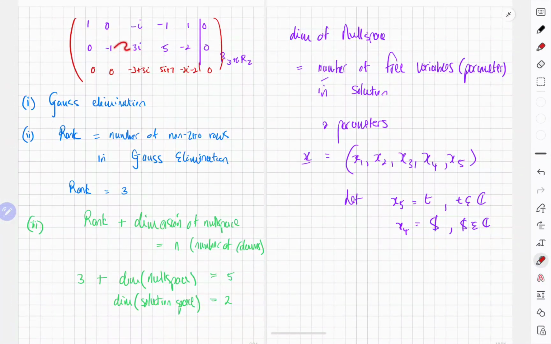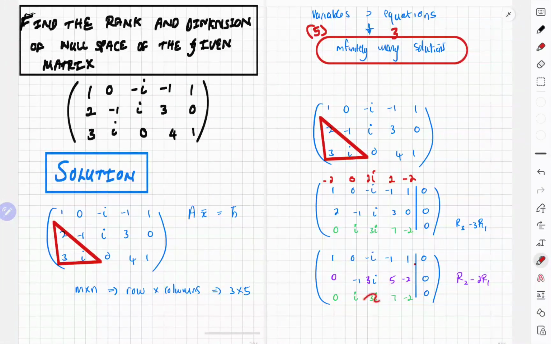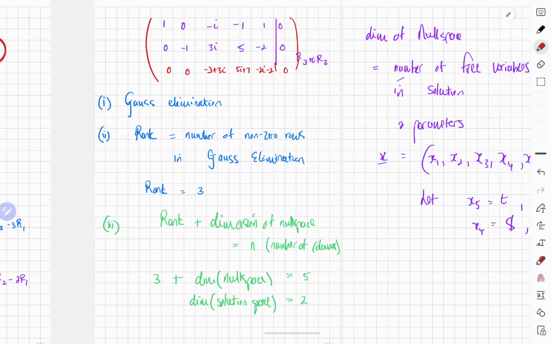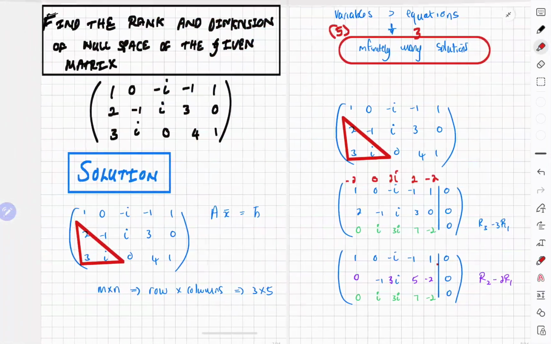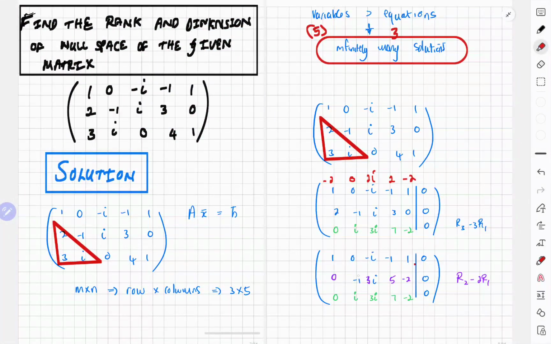So what is the last thing I need? I just need to get this bottom row to 0. So how do I get this bottom row 0? I'm going to times my row 2 by i and then add. So I'm going to times this row by i, so I can get minus i plus i is 0.